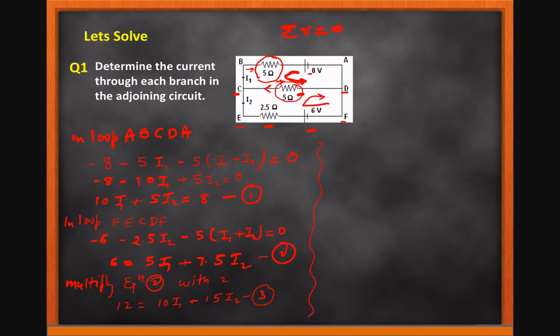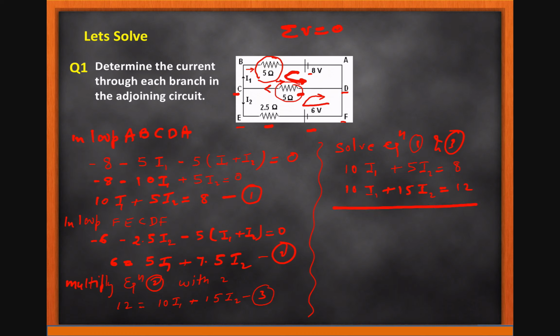And if we solve equation 1 and 3, we get 10 I1 plus 5 I2 is equal to 8, and 10 I1 plus 15 I2 is equal to 12.